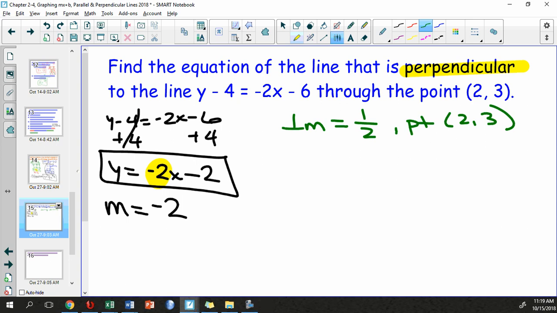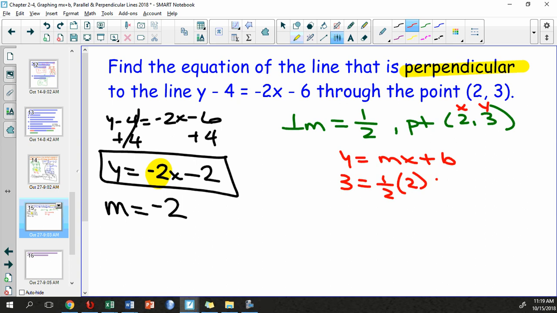And I'm going to plug it into the formula, y equals mx plus b, labeling this x and this y, correct? So I'm going to have y is 3, m is a half, x is 2, plus b.